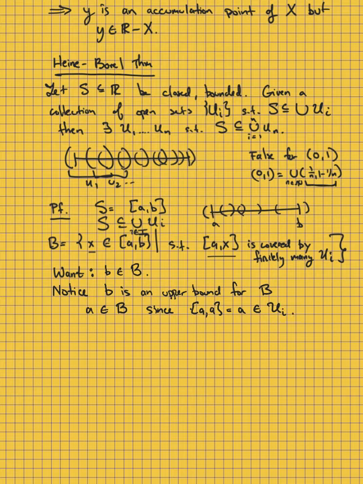Okay? So now we do kind of a similar trick to what we saw for nested intervals, where you had these intervals converging to something and you just take the supremum of some endpoint. In this case, you let C be the supremum of B, and we'll show that C is in B. And eventually C is equal to b.